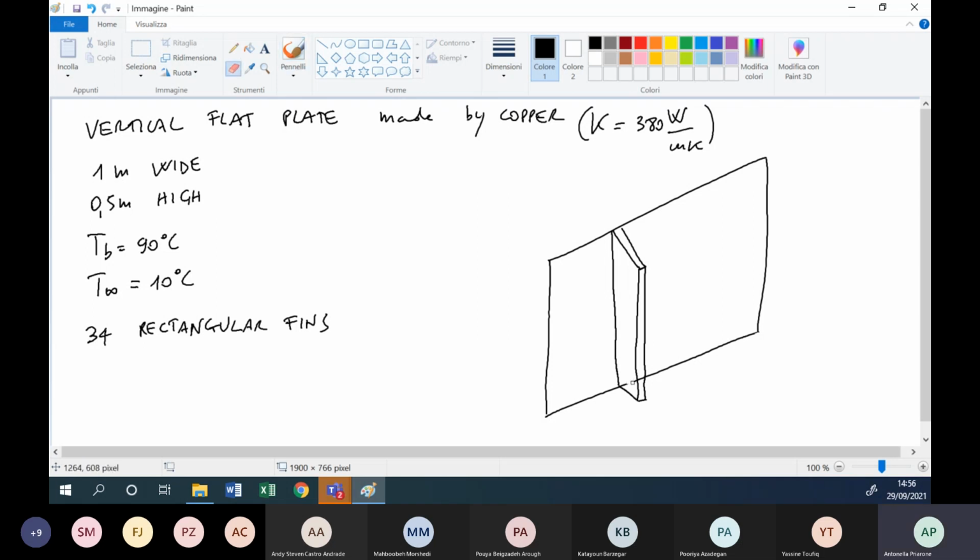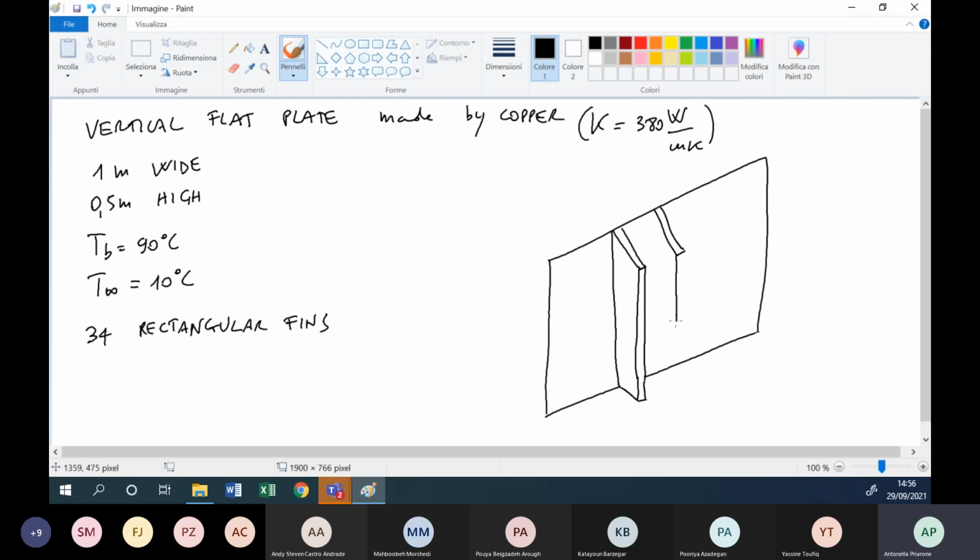Also in this case, please be patient with me because drawing on this tablet is not so simple.